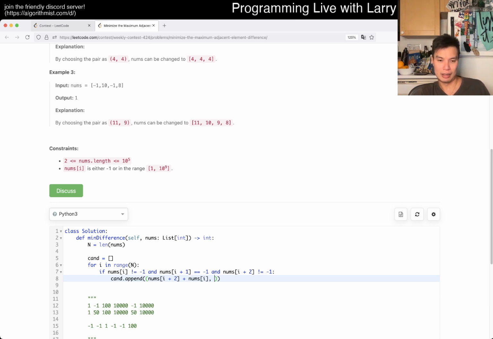Okay, so that's a candidate. This divided by 2, right? And then the gap is just, also this is wrong. This should be the gap divided by 2, right? So this is just a gap. Oh, but then you also need the numbers, so I don't know if this is right.